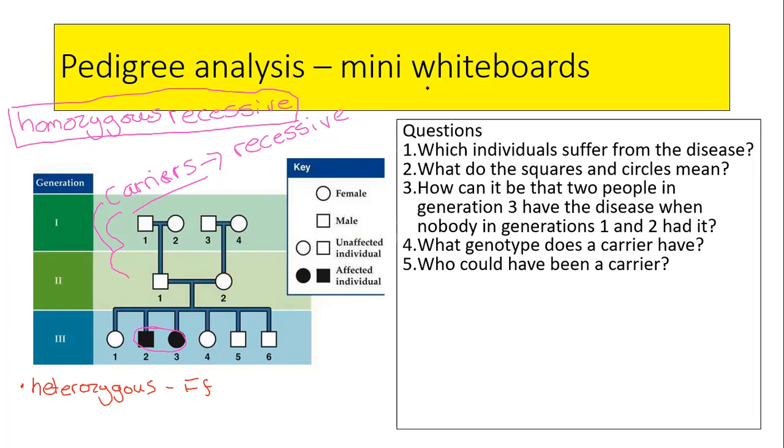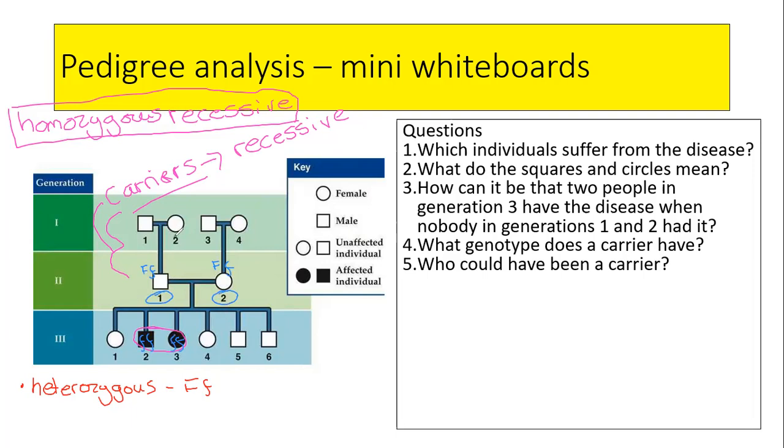Well, 2 and 3 need to have inherited 2 recessive alleles, which means that because these 2 are unaffected, they would have to carry a dominant each. But for these 2 individuals to inherit them and become recessive, they have to have inherited 1 from both mother and father, so 1 and 2. So we know this person is a carrier, this person is a carrier.